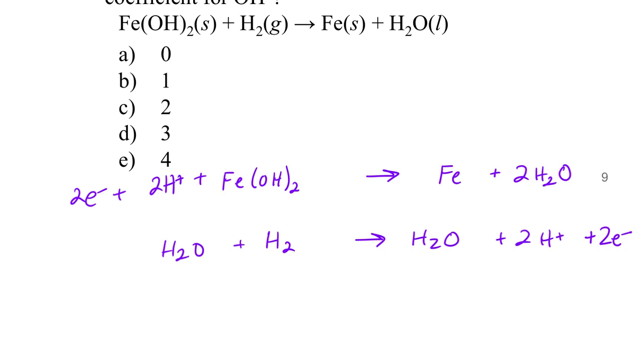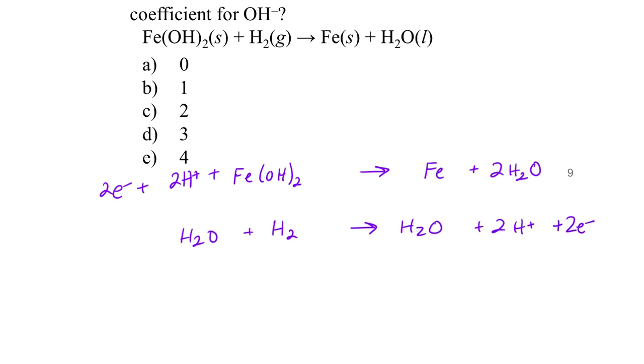So combine. So in our first half reaction, the iron-containing half reaction, we have 2 H plus on the reactant side. And because we want to balance in base, we need to get rid of any H plus and replace that with OH minus essentially.